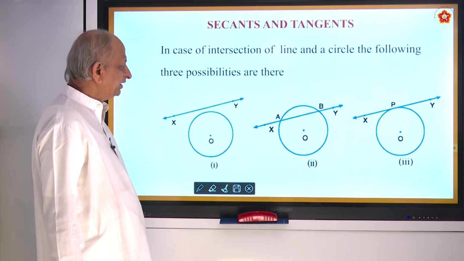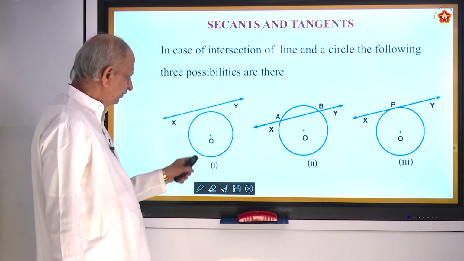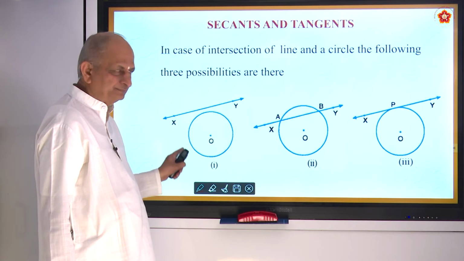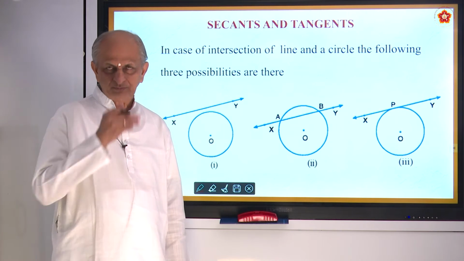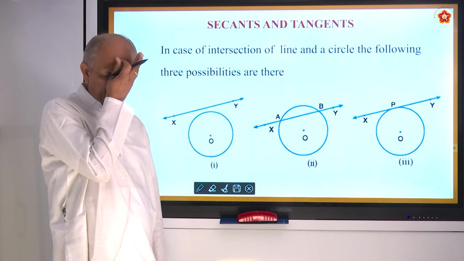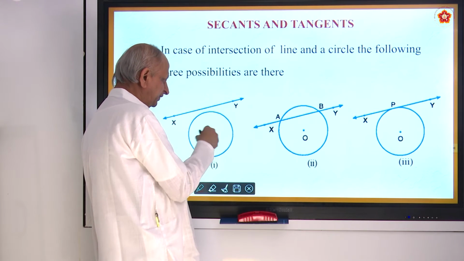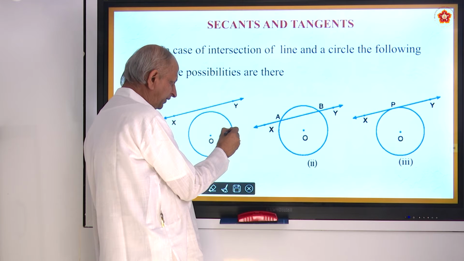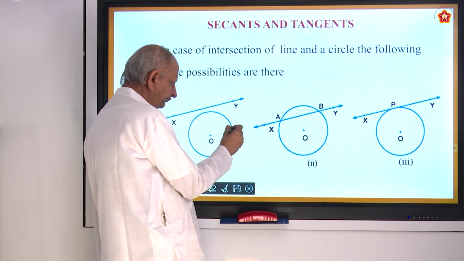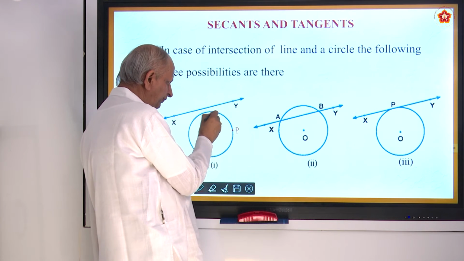And see, these are the three possibilities. What is this? It is a circle. How do you define a circle? Just now we discussed. Circle is the locus of a moving point. Suppose the point is here. This moves.